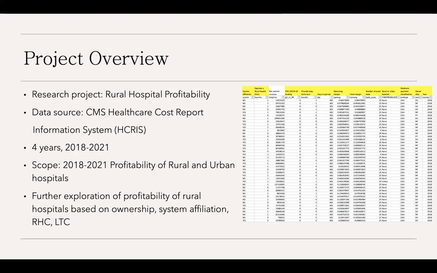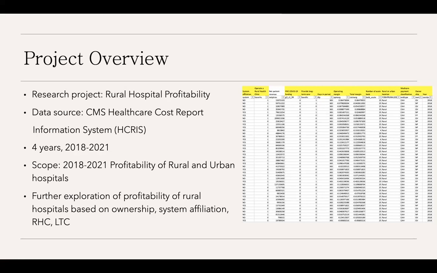Other variables that we focus on from the data set would be ownership, that is government-owned, profit-based or not-for-profit based. System affiliation, whether the hospital was affiliated to another health system or not. Whether they provide long-term care was one other variable. And another variable is, do they operate a rural health clinic? So these are the other variables that we focused on.